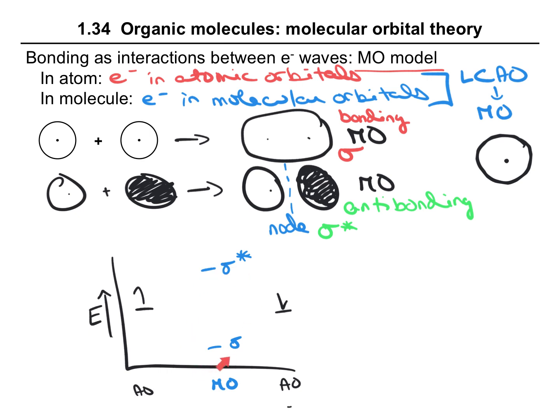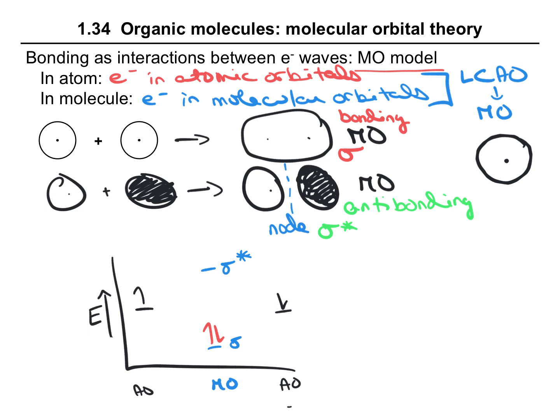Now we consider our molecular orbitals and we fill them up with electrons. We have 2 electrons to work with, and when we're filling molecular orbitals, these obey the same rules as we've seen before: the Aufbau principle, Pauli exclusion principle, Hund's rule. So we fill in our 2 electrons, and we're done.